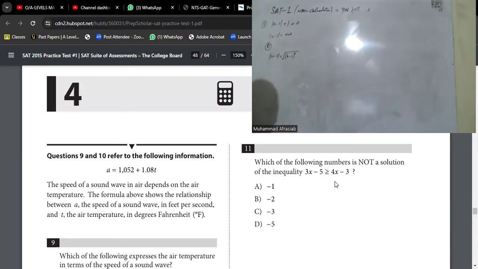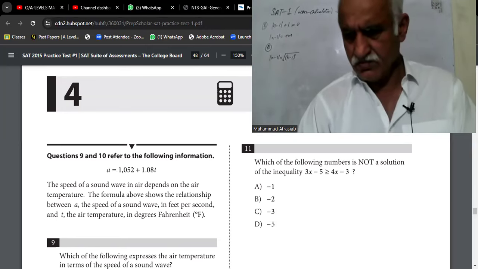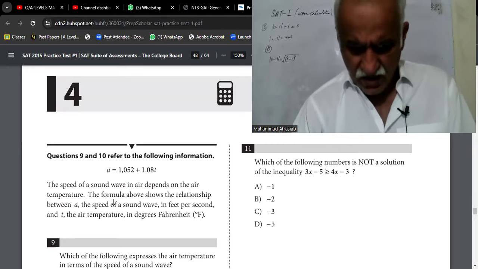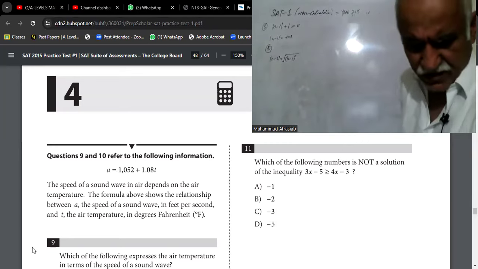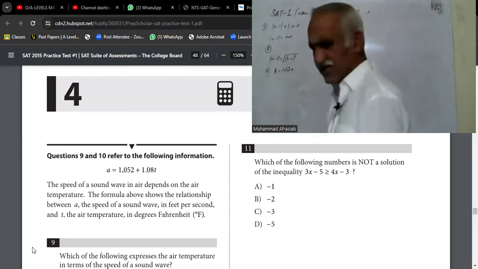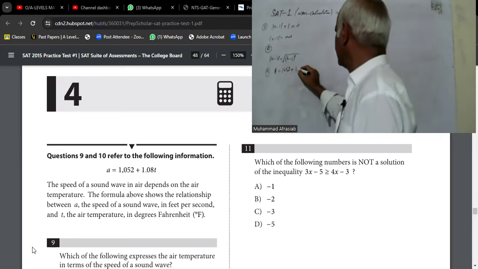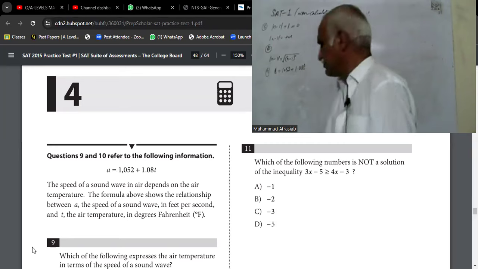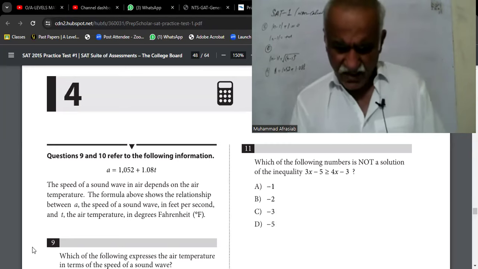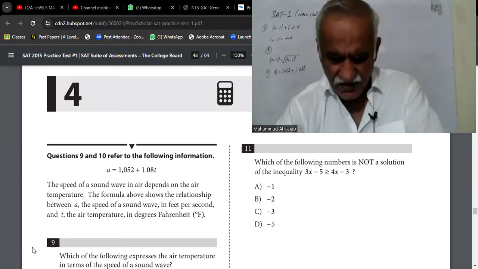Questions number 9 to 10 refer to the following information. A equals 1052 plus 1.08 T. The speed of the sound wave in the air depends on the air temperature.